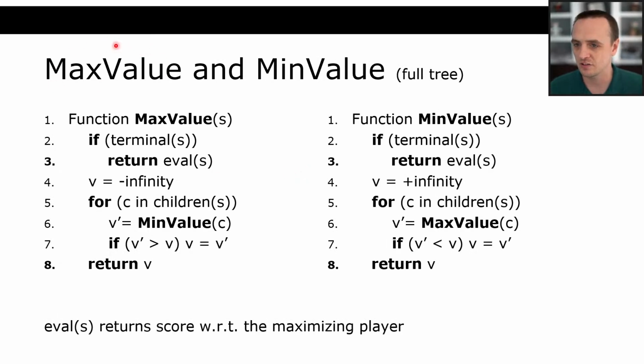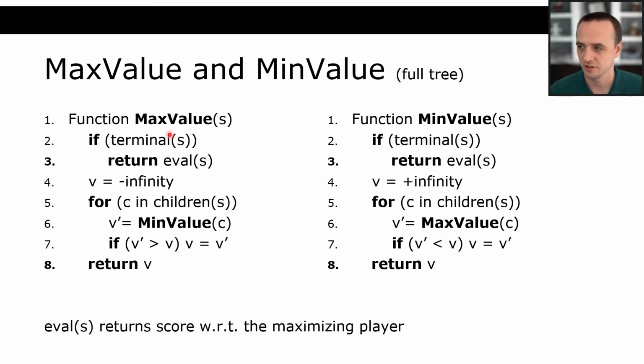So we've got MaxValue and MinValue, and this is what would happen on the full tree. So MinValue over here is the exact same thing as MaxValue, except instead, it is trying to find the minimum of something, so this v gets set up to +infinity, and we're checking to see if it's less than that instead of greater than that.